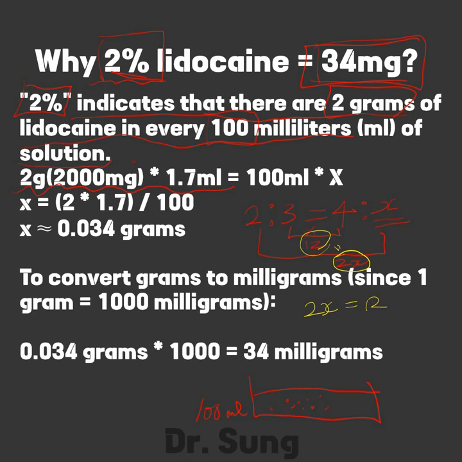For me to leave x alone, what should I do? I need to divide it by 2. If I divide both by 2, then it cancels, and x equals 6.